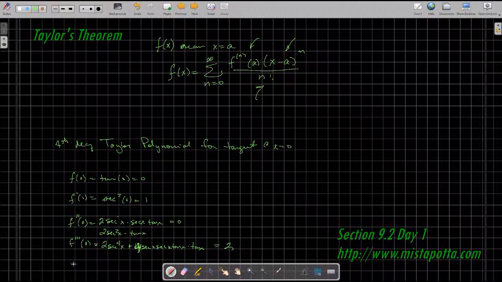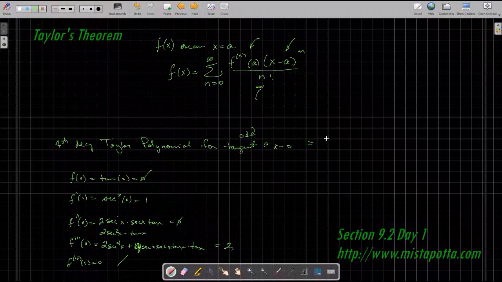And if I try to do the 4th derivative, I end up with 0 because I know that the tangent is odd. So I shouldn't have any even polynomial terms. And so my 4th degree Taylor polynomial is going to be, well, I have no constant term, no quadratic term, no quartic term, I just have a linear and a cubic term.